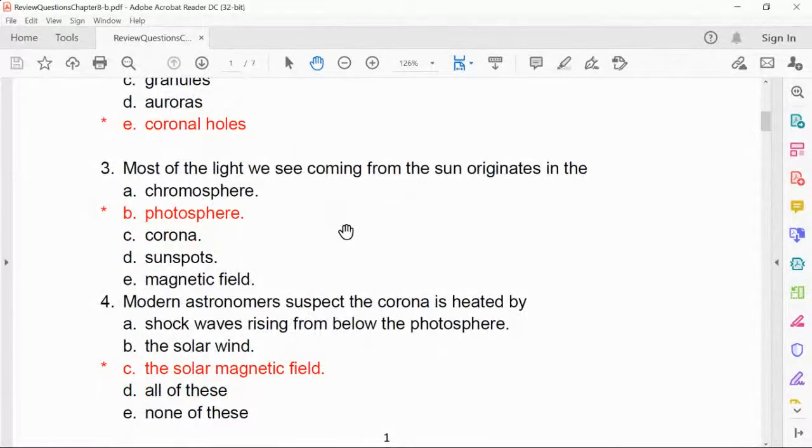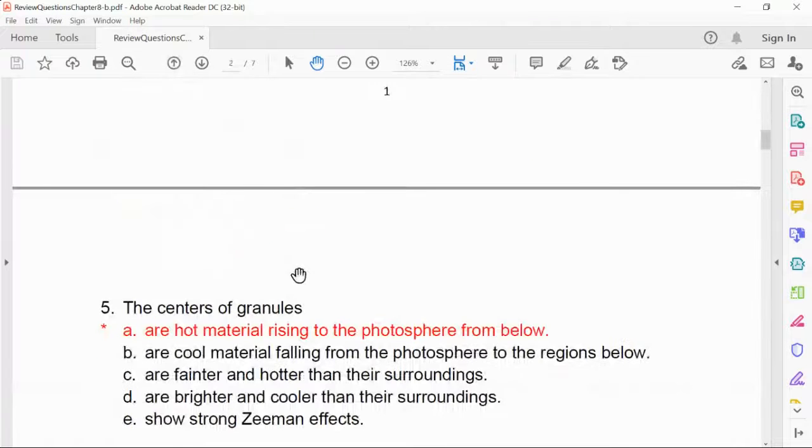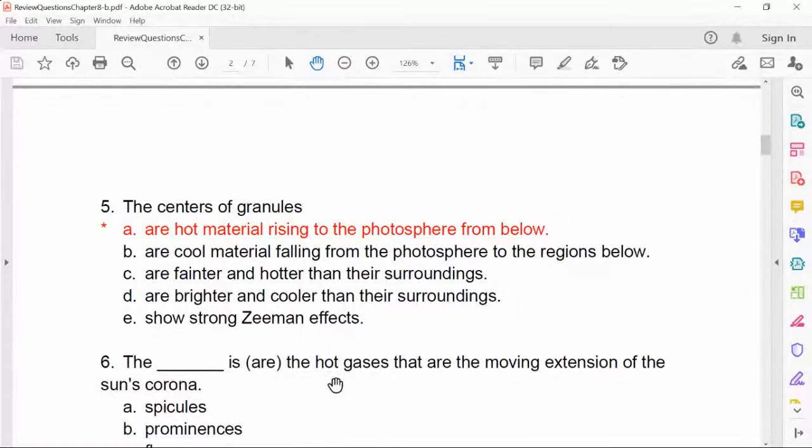Three, most of the light we see coming from the sun originates in the photosphere. Four, modern astronomers suspect that the corona is heated by the solar magnetic field. That's why the corona is very hot. It has to do with the magnetic field of the sun.